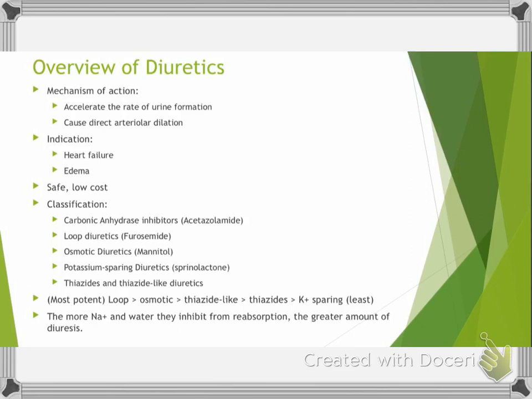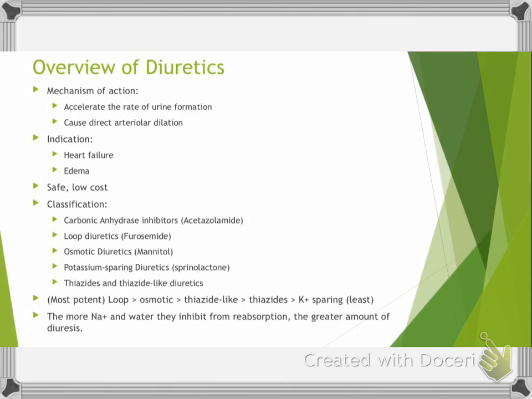It is used for any condition where there's fluid volume overload. So they're used for heart failure, they're used for edema. They're basically safe and low cost. They're the most commonly used drugs, and prescribed drugs, in the world.